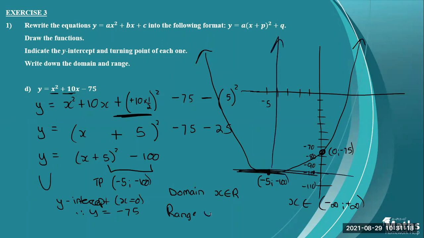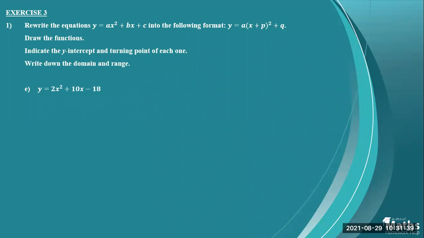So it will be where y is bigger or equal to negative 100 because the graph has a solid line. Or if you prefer interval notation, you say y is an element of the interval, solid bracket from negative 100 to positive infinity. There you are. Next one.